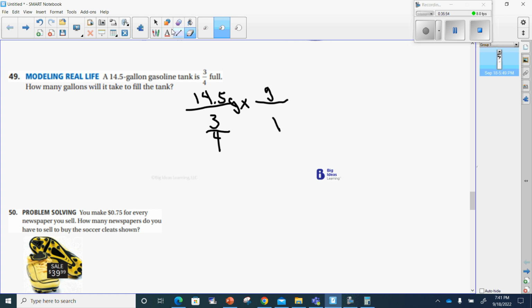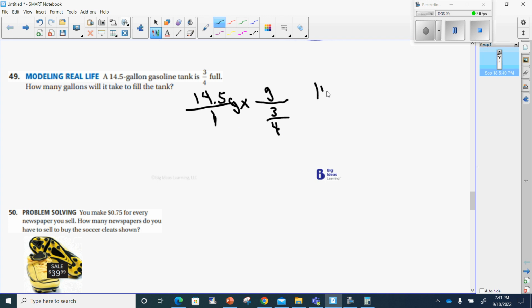I wanted to double check it, and I realize now that this 3/4 represents the 3/4, and I want to know how many gallons 3/4 has. If it's one tank, that means the 1 should be over here. So one tank has 14.5 gallons, and we're going to multiply that to G over 3/4, because it's 3/4 full, and this is 100% full.